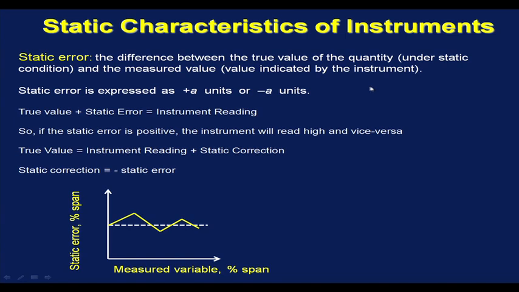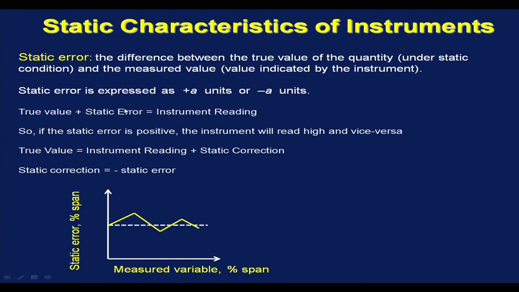We are talking about a condition which is not changing with time or changing very slowly, so that it can be considered static. Static error is expressed as plus A units or minus A units. So, true value plus static error is the instrument's reading.